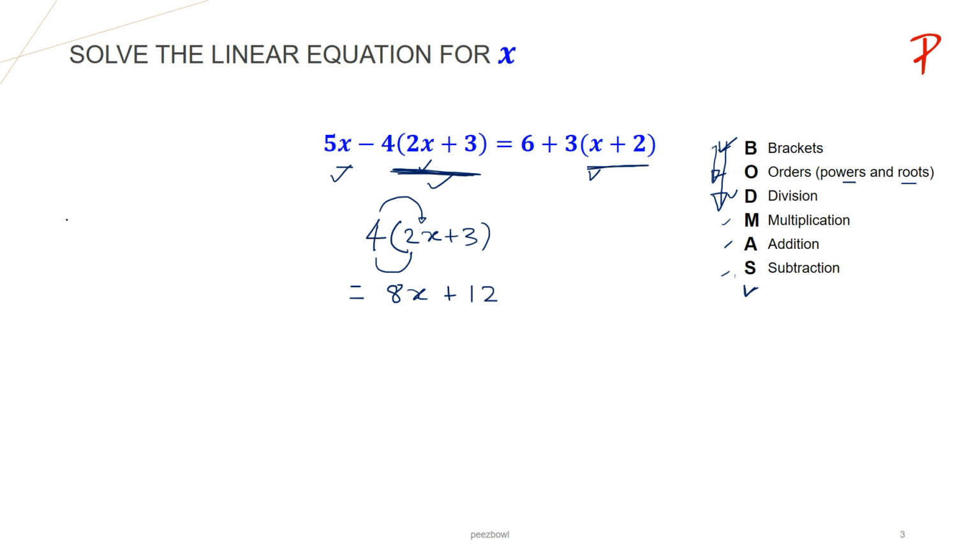So whenever we have this kind of multiplication, 2 multiplied by 2x, right? Then all the numbers will be multiplied together. That is 2 multiplied by 2 is 4, and this alphabet will remain as it is, right?